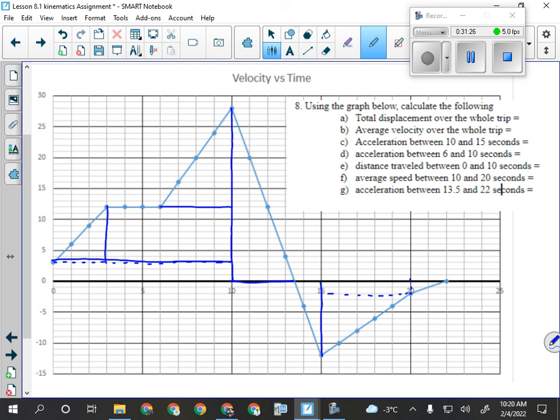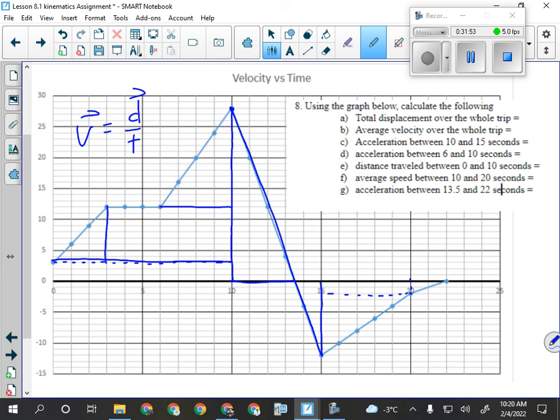All right, average velocity over the whole trip. Well, once we had calculated the total displacement here, then we just have to do this. Okay, we'd have that number, the area of all the shapes added together, divided by the total time, which is 22 seconds. So we'd be that total displacement over 22. Okay, acceleration between 10 and 15 seconds. So that would be for this part right here.